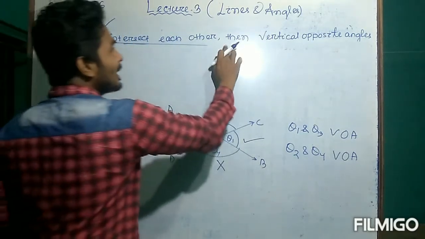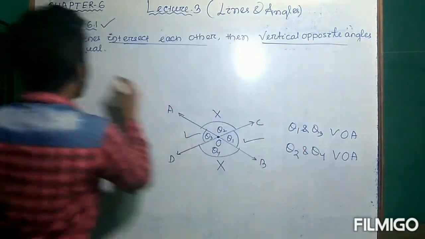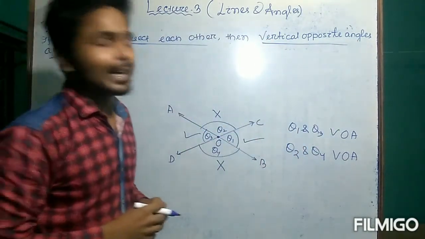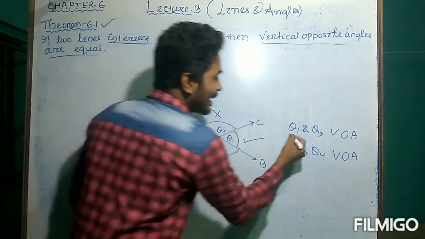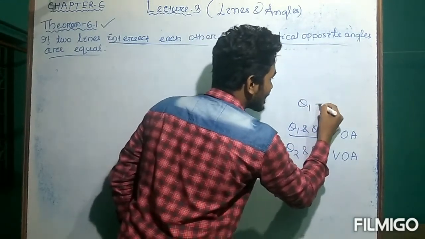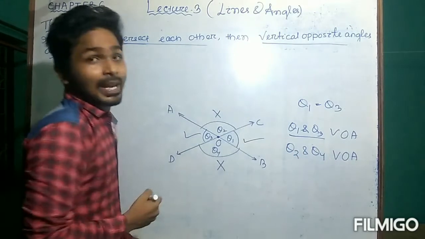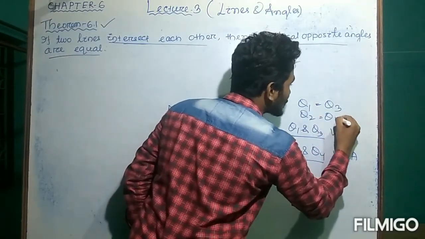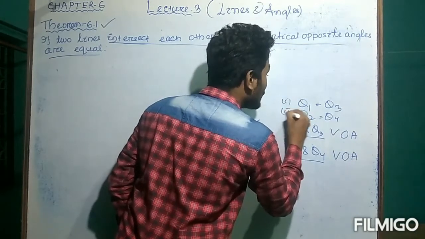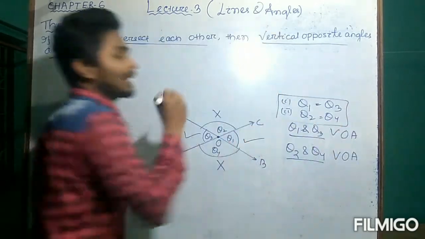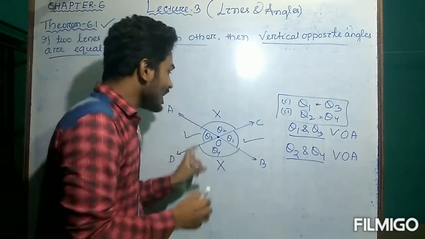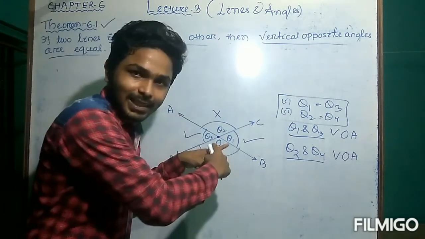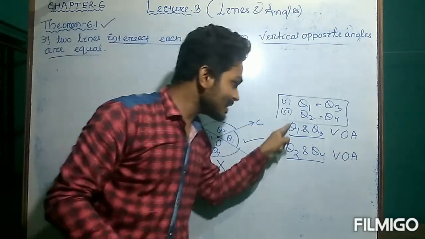Now you have to prove that these vertically opposite angles are equal. It means you have to prove these two vertical angles are equal, and you have to prove these two vertical angles are also equal. So you have to prove these two statements. It is already given that two lines intersect each other, then two pairs of vertical angles are formed.